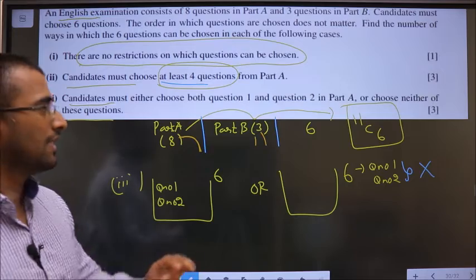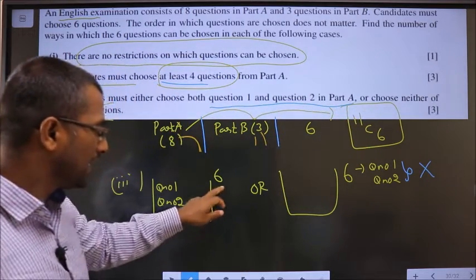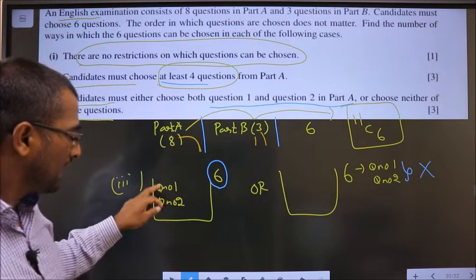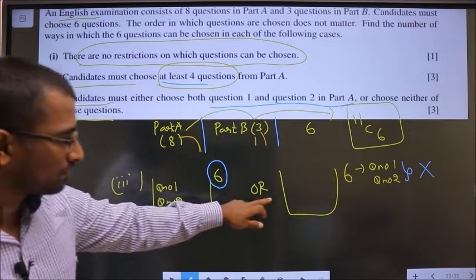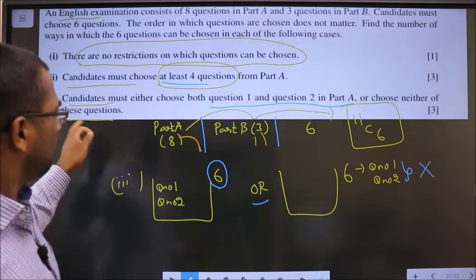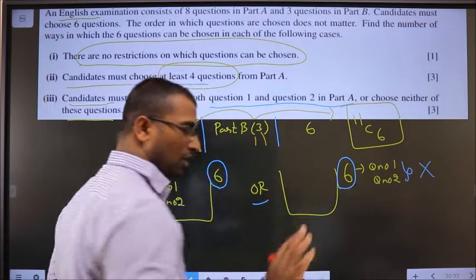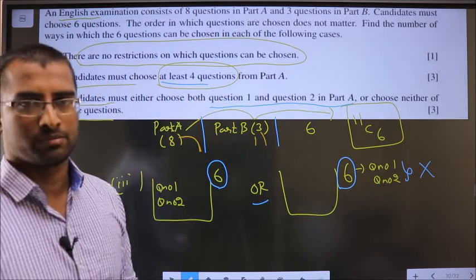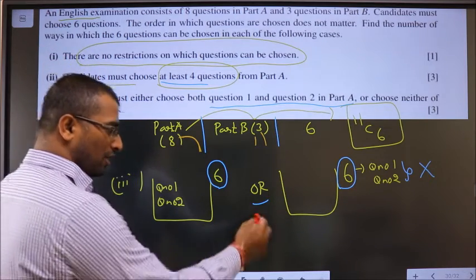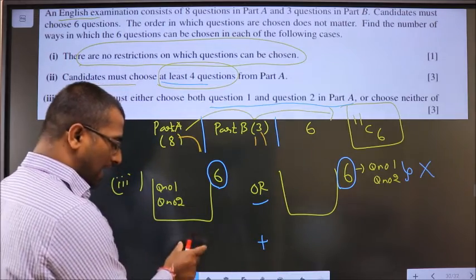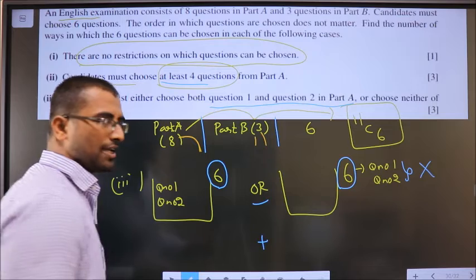Clear what he said? In his selection of 6, he has selected both question 1 and question 2, or neither of these questions, meaning these two he should not select at all. Clear? Now it's "or", so I will add the two answers to get the final answer.